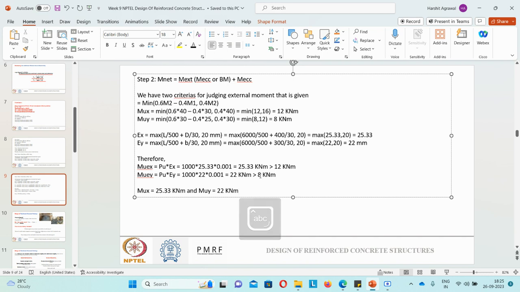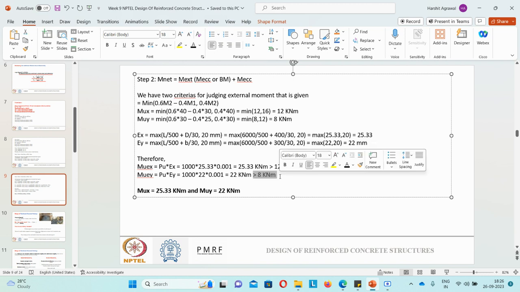I hope this part is clear to everyone, how we came up to this. So externally there are two kinds of moment generated, either due to the eccentricity of the load which is acting, or due to the moment that is acting externally. We need to take the maximum of those as the external moment in our case.